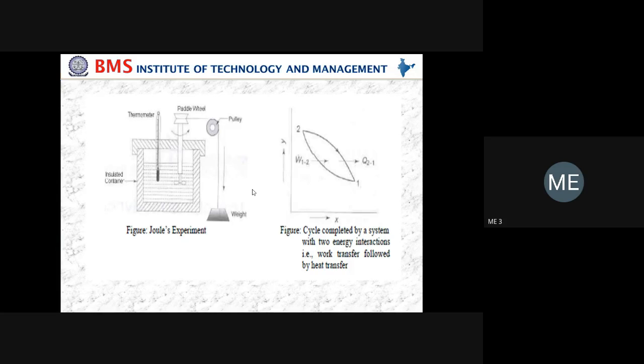We studied the thermodynamic definition of work and also the mechanics definition of work. The mechanics definition of work is the product of force and displacement. So the amount of force required to move a certain object for a particular distance, that is the mechanics definition of work.